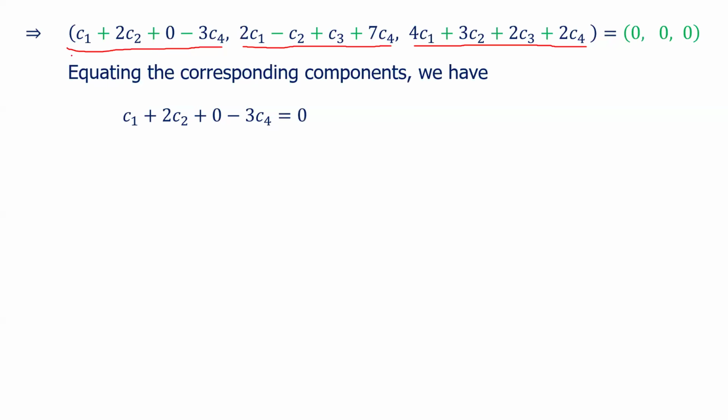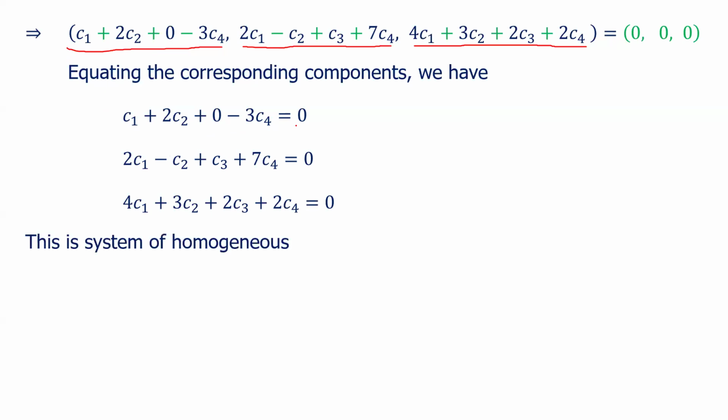So C1 plus 2C2 plus 0 minus 3C4 equal to 0. 2C1 minus C2 plus C3 plus 7C4 equal to 0. 4C1 plus 3C2 plus 2C3 plus 2C4 equal to 0. This is a system of homogeneous linear equations, Ax equal to 0.